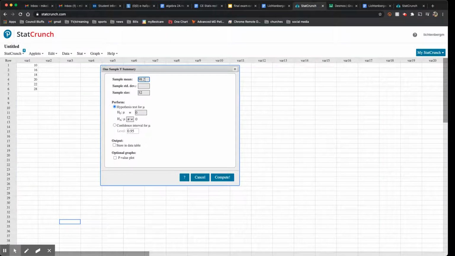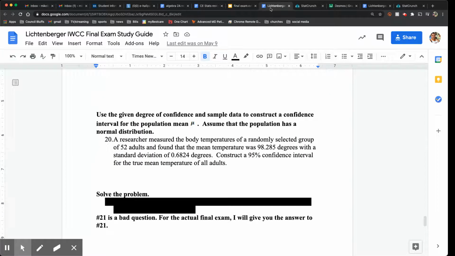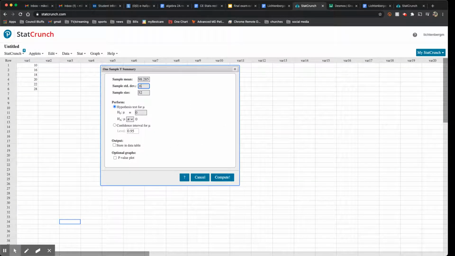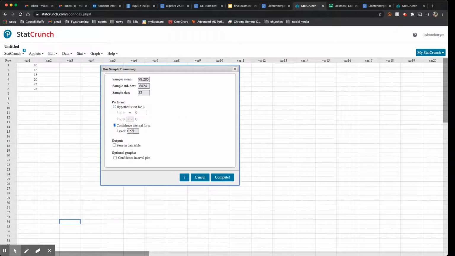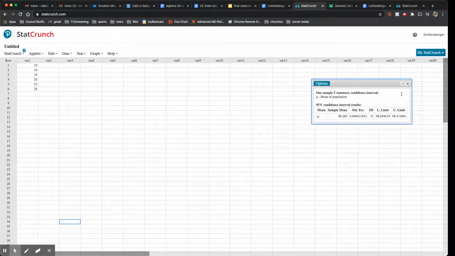And the standard deviation of 0.6824 degrees. Construct a 95% confidence interval for the true mean temperature of all adults. So confidence interval, 95%, 0.95.